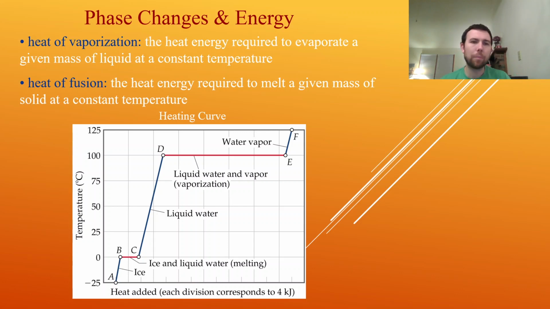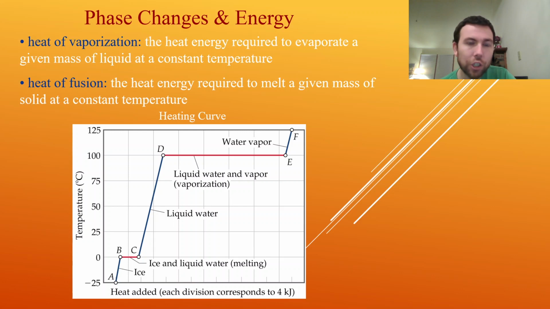Right? So from A to B, from C to D, and from E to F, as heat is being added, there is a temperature change. And so what that means is that the average kinetic energy of the particles is increasing.